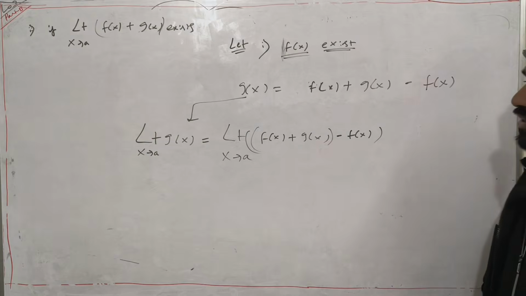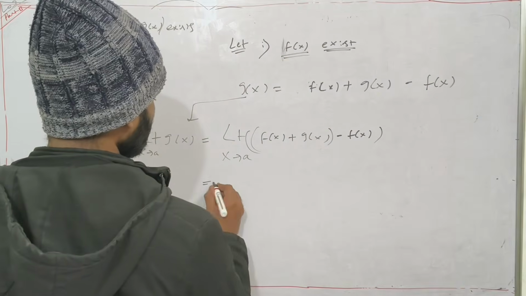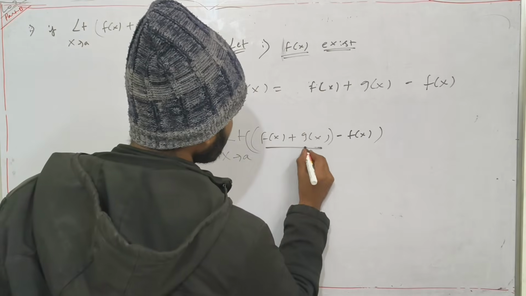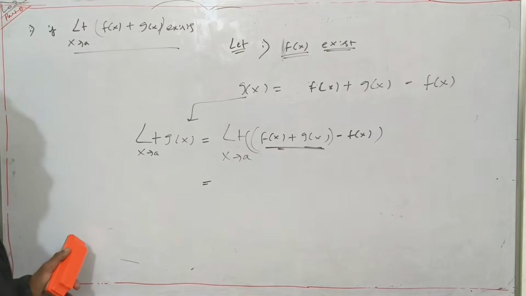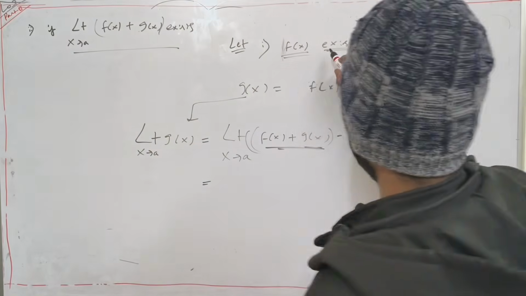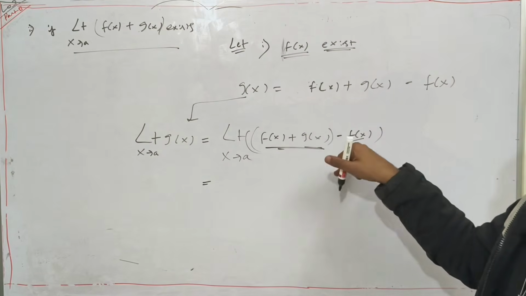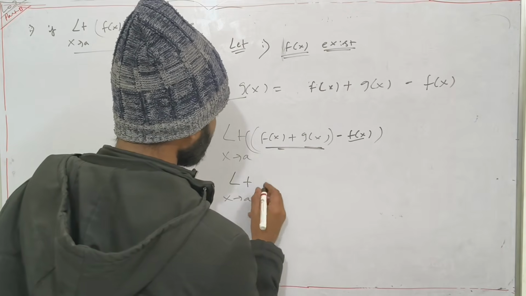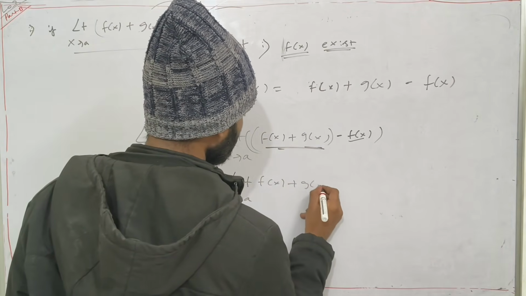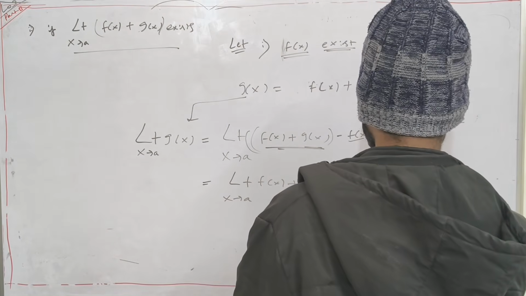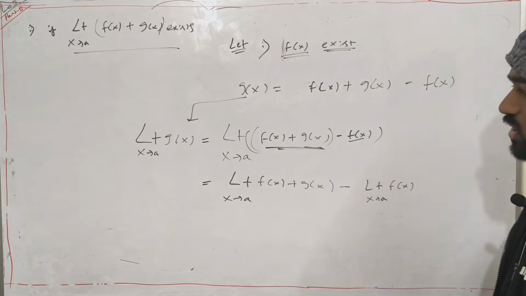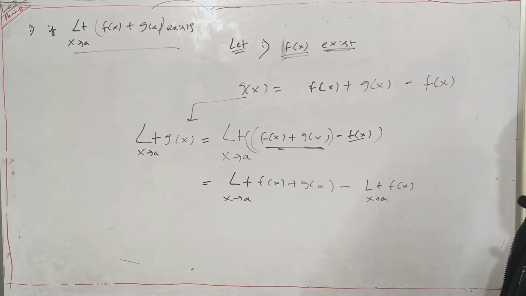Yes, I can write. Again, now since we know that limit x tends to a f of x plus g of x exists, and we assume that f of x exists individually, since these both exist individually, from rule number 1 we can write it as limit x tends to a f of x plus g of x minus limit x tends to a f of x. Can we write like this from rule number 1? Yes.